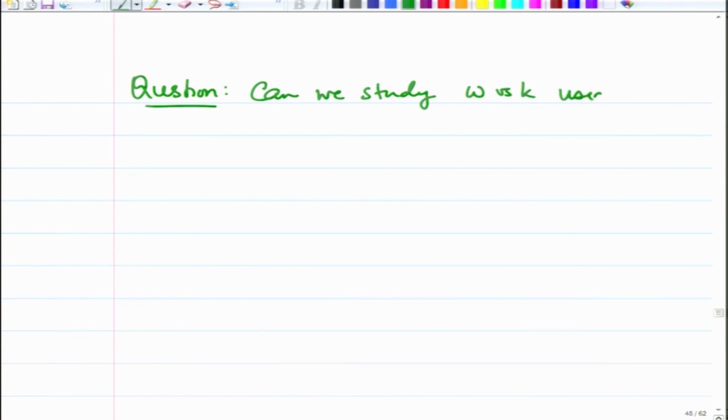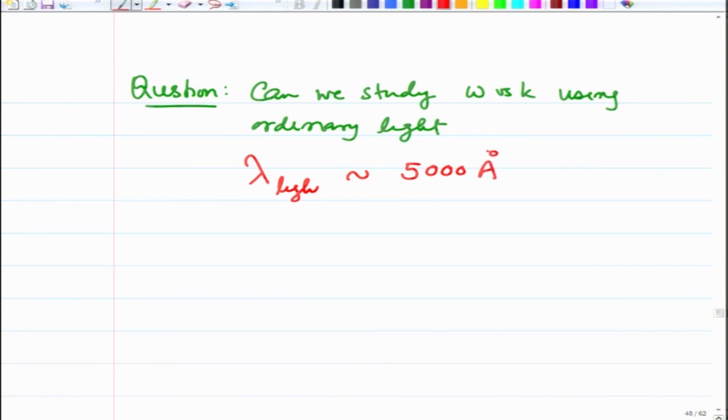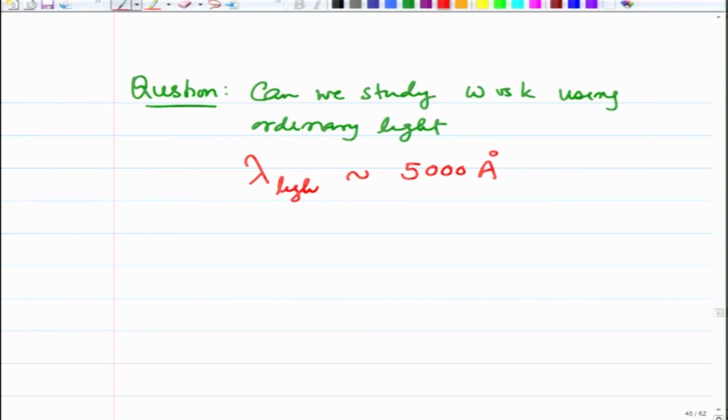So, question 1: can we study omega versus k using ordinary light? And the answer is no, because lambda of light is of the order of 5000 angstrom, and that is 5000 spacings of the crystal. So, obviously, I cannot think of very large momentum being transferred.